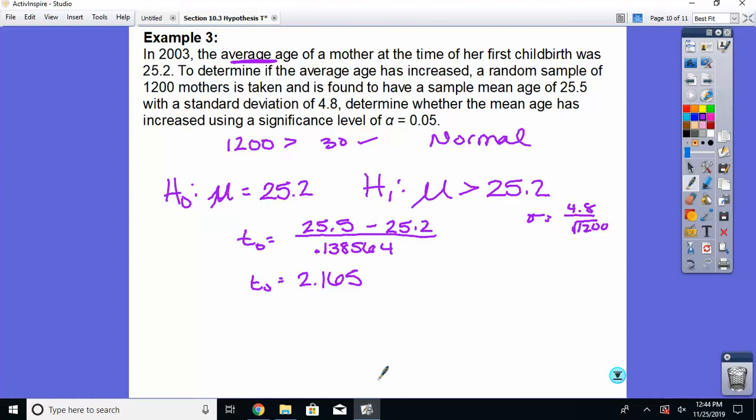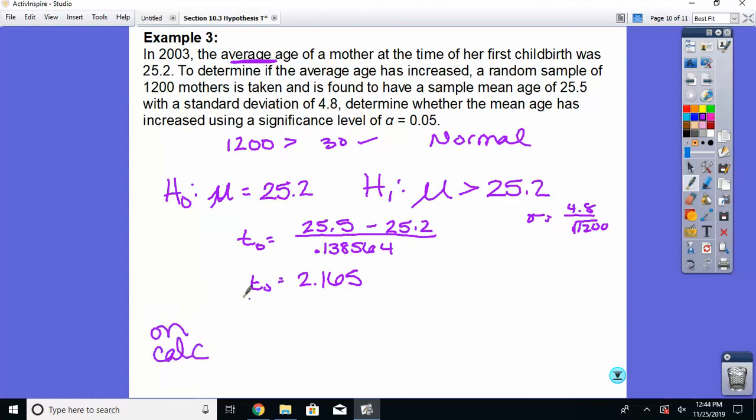So you go to stat, test, number 2, t-test. Our input should be stats. Our mean is the mu sub 0, 25.2. The x bar is the mean we observed. Sorry, that's 25.5 for the x bar. Our standard deviation, that's the standard deviation given in the problem, so that's 4.8.